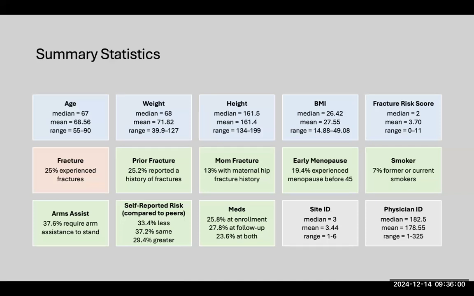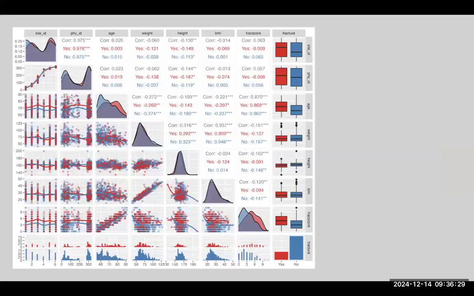This is the response variable, and 1 in 4 women experienced fractures, so a 25% prevalence. In green, these are the categorical variables: prior fracture, maternal hip fracture, early menopause, whether you are a smoker, arms assist, self-reported risk, and medication at different times. And then these identifying variables, site ID and physician ID.